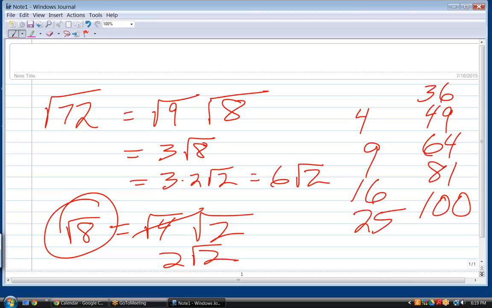Now let's go back to the original problem. There's nothing wrong with doing it the way we did it. It just took 2 steps. If I would have noticed, 36 times 2 is 72. What's the square root of 36? 6. So it immediately becomes 6 root 2 in 1 step, not 2 steps.